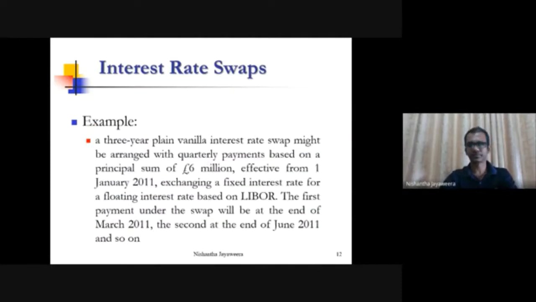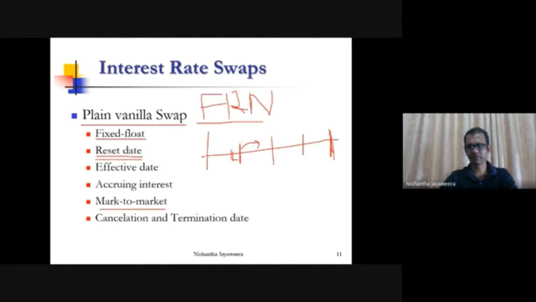So these are just a few terms that may appear in an interest rate swap, especially in a plain vanilla swap. But all these terms we have discussed in other modules. Reset date, effective date, we discussed when we discussed the floating rate note. I specifically discussed the floating rate note because it is applicable here as well.